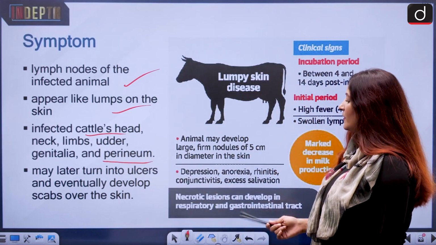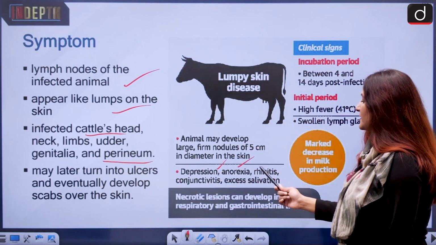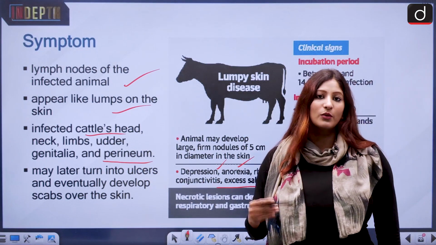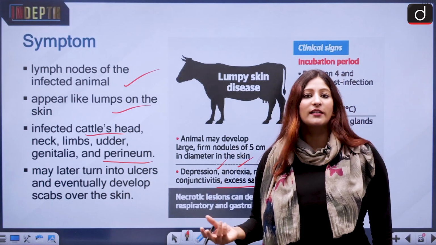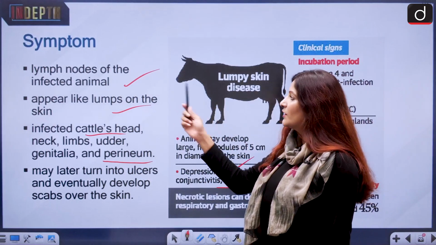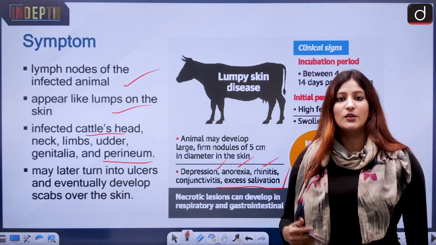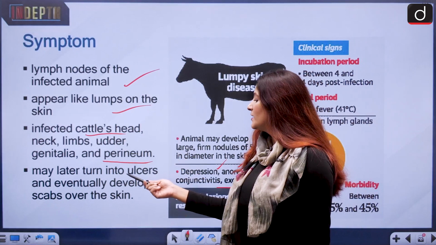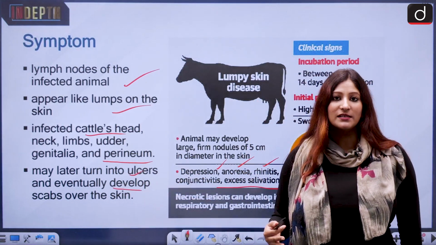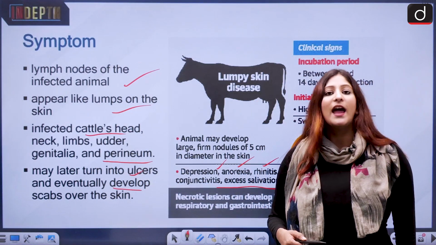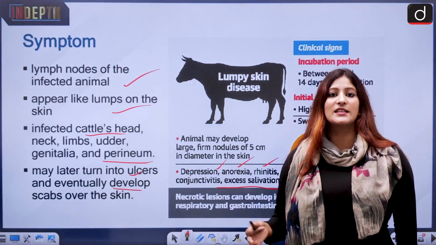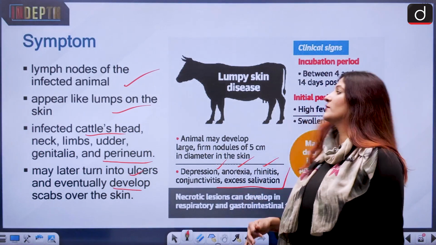The symptoms can range from depression, anorexia, rhinitis, conjunctivitis, excess salivation, apart from lower milk production, reproductive problems, abortions and many more. These lymph node enlargements can later on turn into ulcers or develop scabs over the skin. If they develop ulcers, they wouldn't want to eat much, and hence the milk production declines. The poor animal suffers, as well as the income of the farmers.